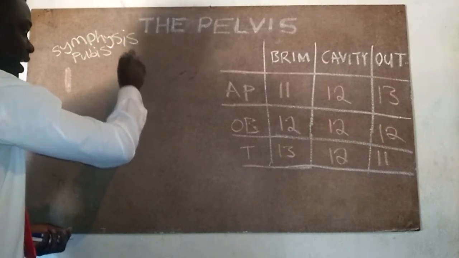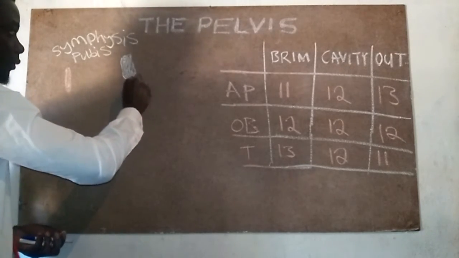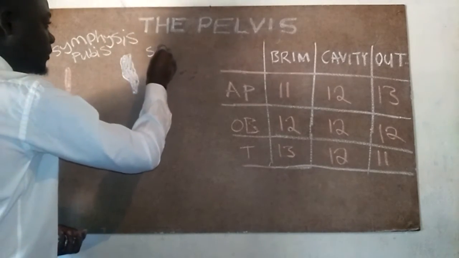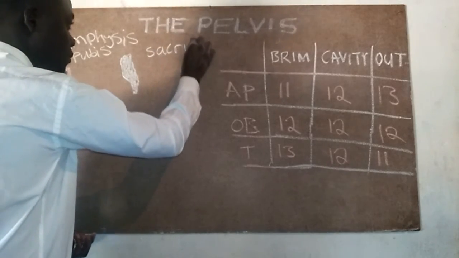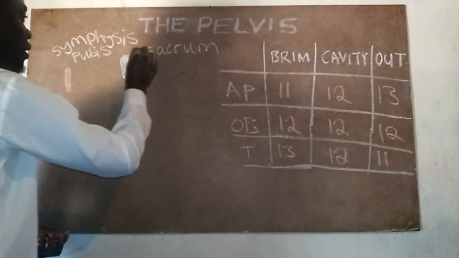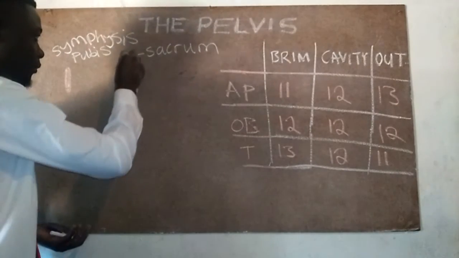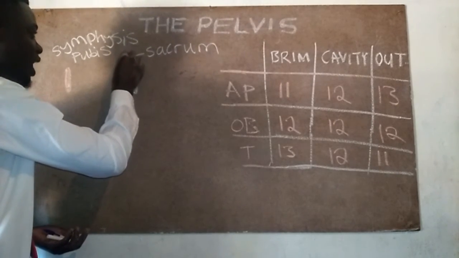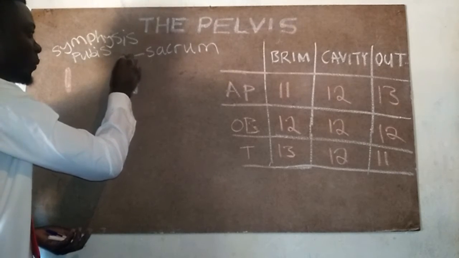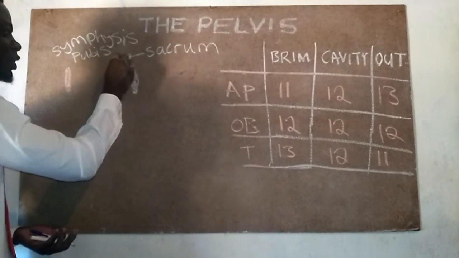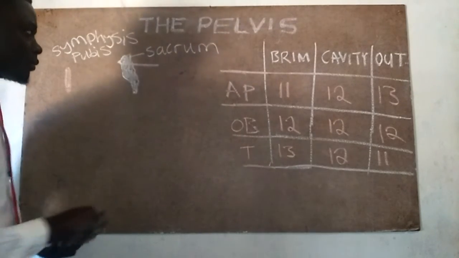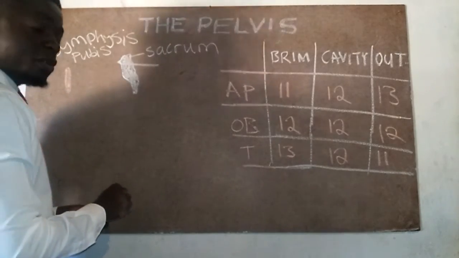At the sacrum there is the protrusion from which all these conjugates are measured, and this protrusion is called the sacropromontory.